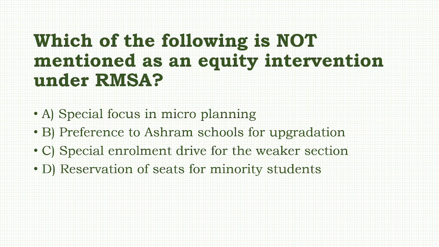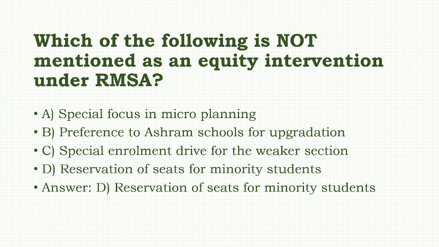Option: special focus in micro planning, preference to ashram school for upgradation, special enrollment drive for the weaker section, reservation of seats for minority students. Answer of this question is option D, that is reservation of seats for minority students.